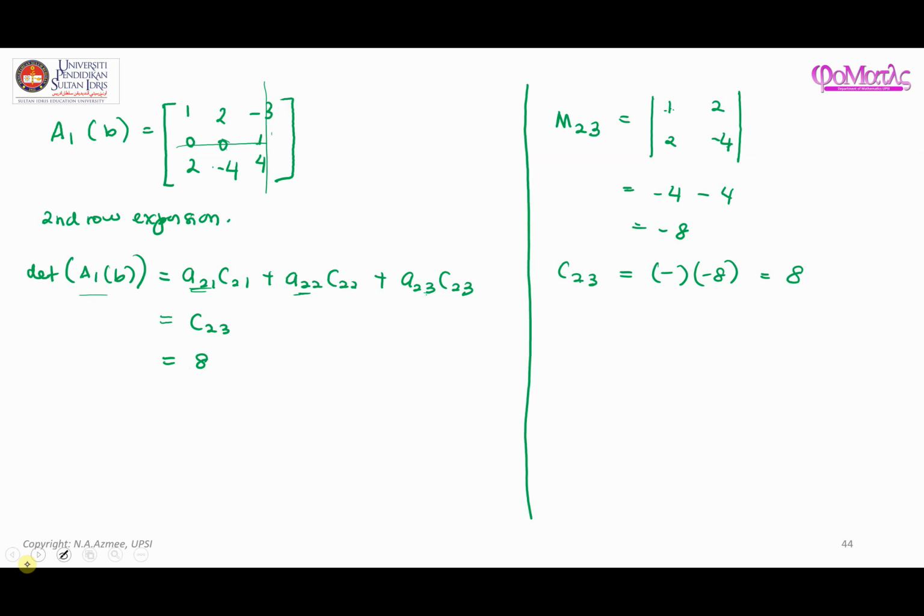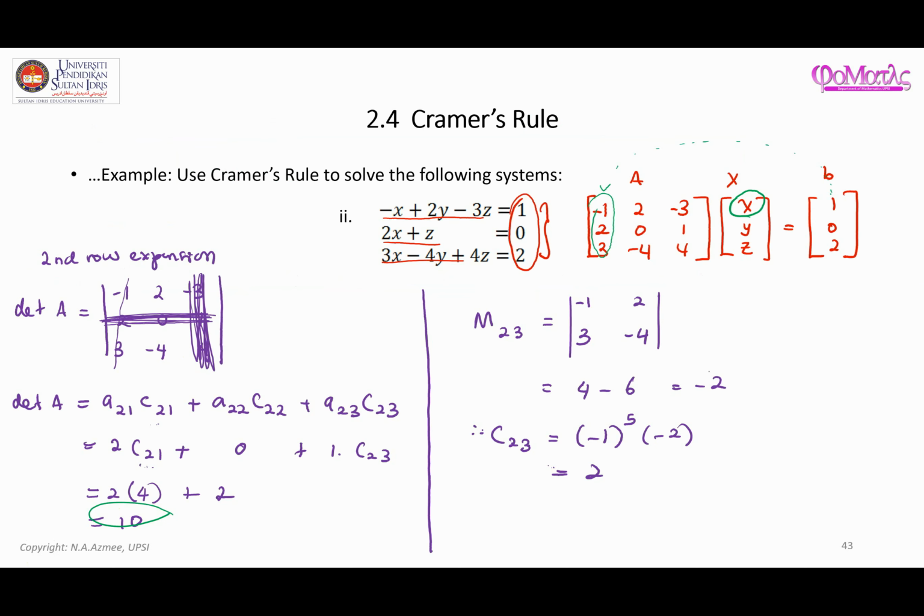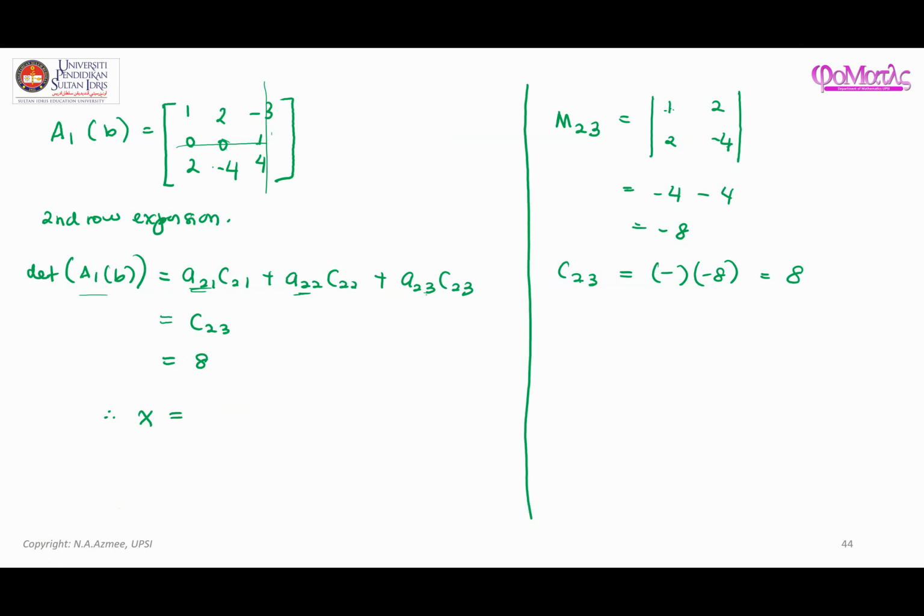Now, using Cramer's rule, x is going to be this result, 8, divided by 10, which is the determinant of A. Cramer's rule says that in order to find x, you take the determinant of the new matrix A1b and divide it by the determinant of matrix A. Therefore, you have 8 divided by 10, and the answer is 4 over 5.